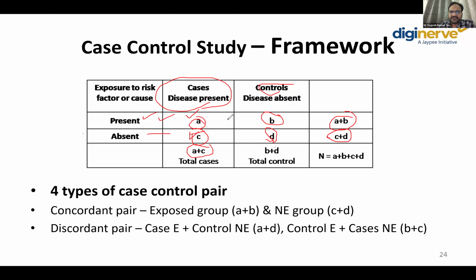A plus D is the concordant pair, and B and C are the discordant pair. Okay, this is not so much important. We can leave it. But for NEET PG, anything can be important because they are consumed with the questions. Every year there are some new questions.